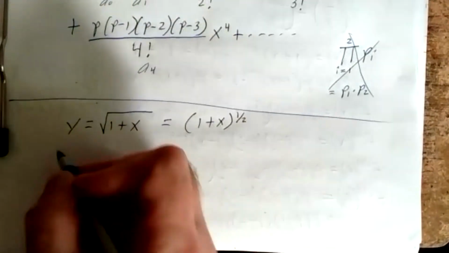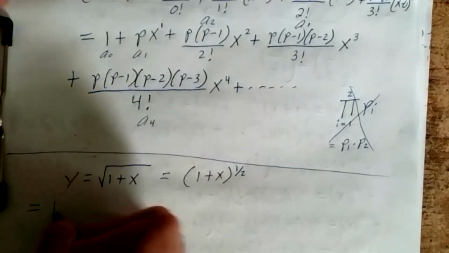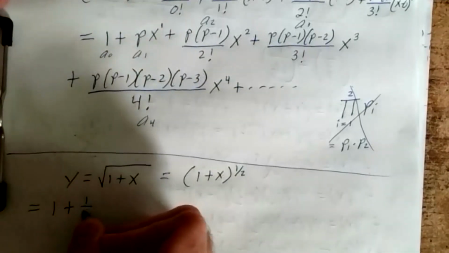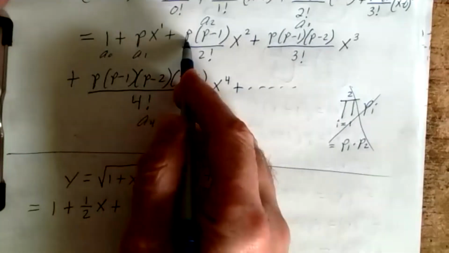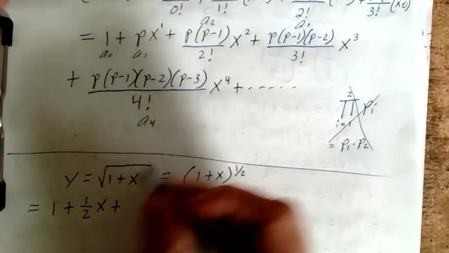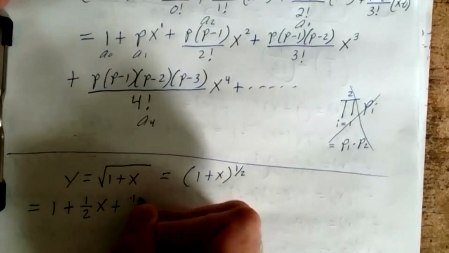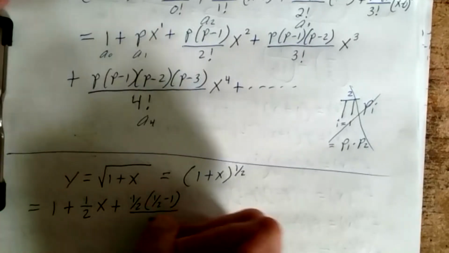The expansion, following along with above, is going to be 1 plus p, which is 1/2, times x, plus 1/2 times 1/2 minus 1 over 2 factorial.